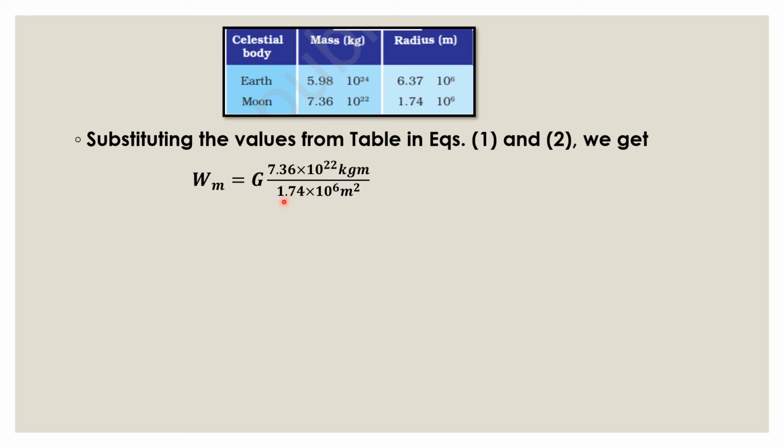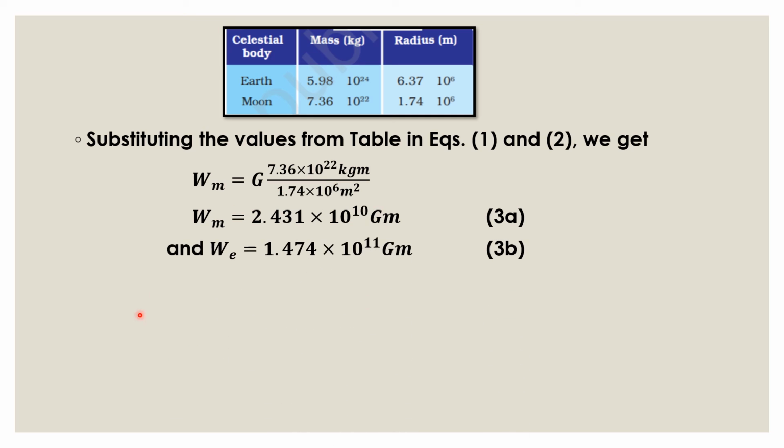And its radius is 1.74 into 10 to the power 6 meters. So we get the value of Wm as 2.431 into 10 to the power 10 Gm. Here G is the gravitational constant. And similarly, we get the weight of earth as 1.474 into 10 to the power 11 Gm, where G is the gravitational constant. So now by 3a and 3b, we divide 3a by 3b.